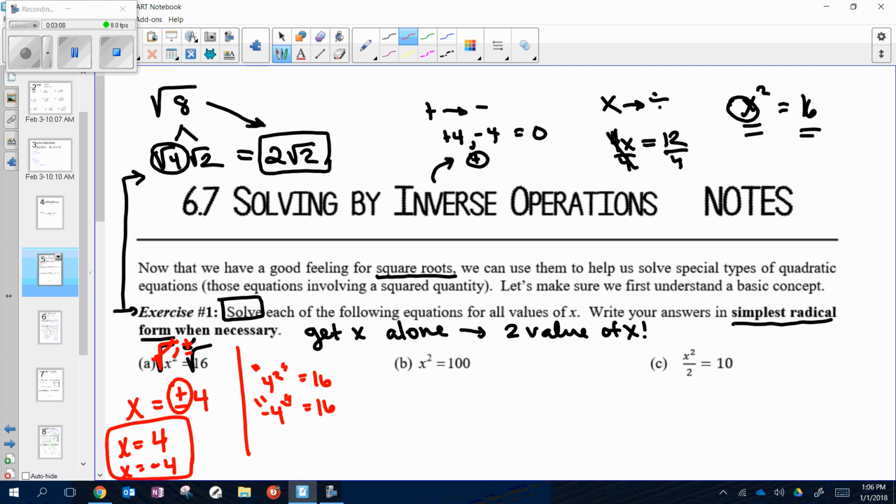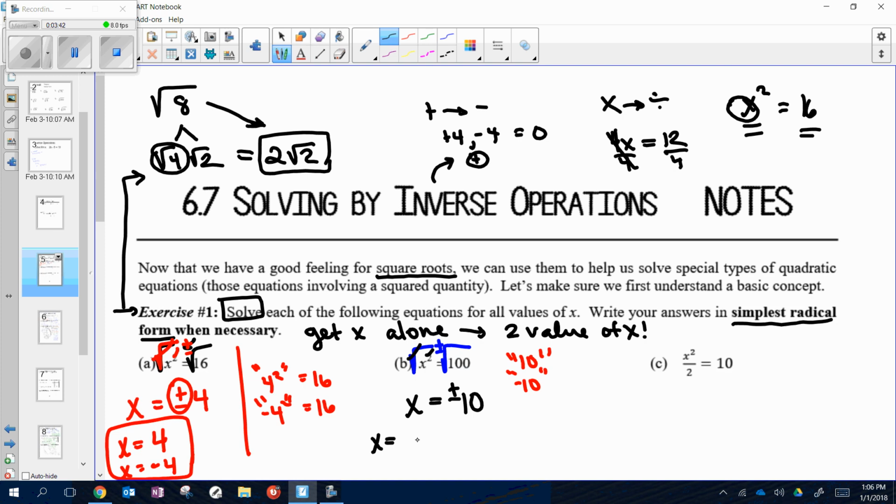2 answers. Next one, x squared equals 100. What number squared could be 100? So most of you automatically would say, oh, 10. 10 squared is 100. But negative 10 could also be squared to give me 100. So when you take the square root, put a plus or minus, and you end up with x, because square rooting gets rid of the squaring, and the square root of 100 is 10, but it could be positive or negative 10.